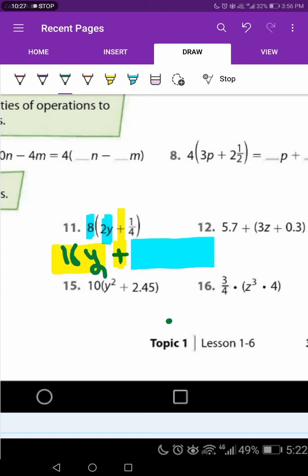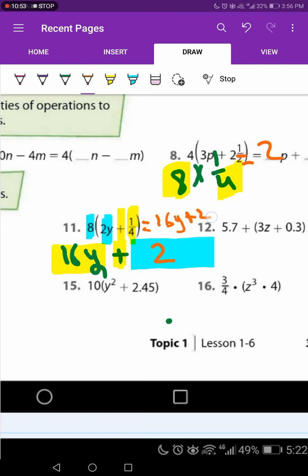Now in the right I have 8 multiplied by 1 over 4. You remember this: 8 multiplied by 1 over 4 means 8 divided by 4, which equals 2. So what we should write here is 16y plus 2.